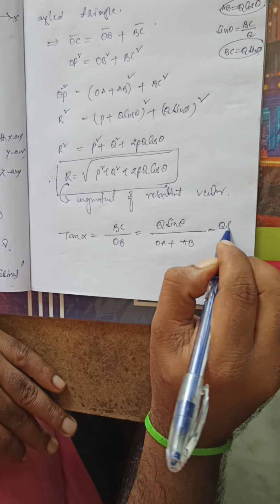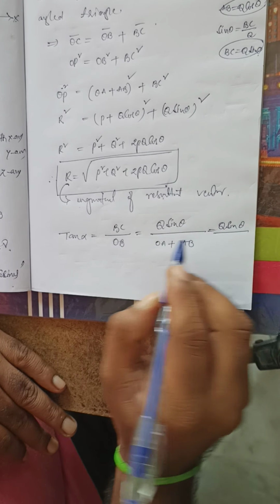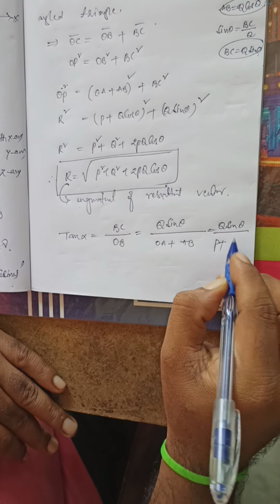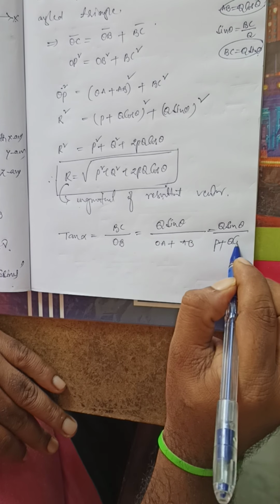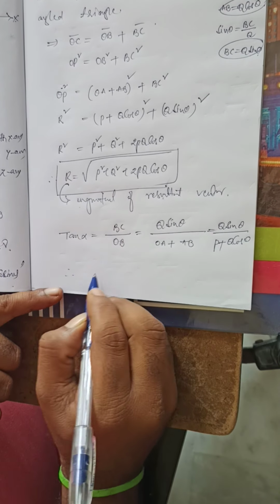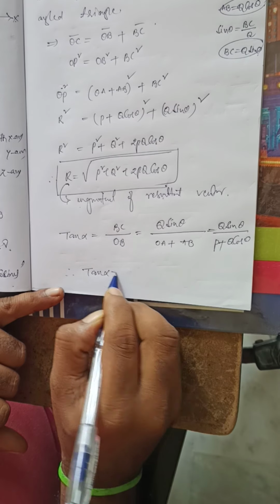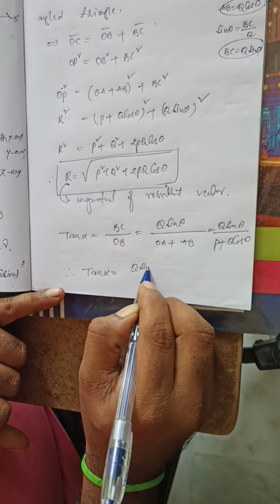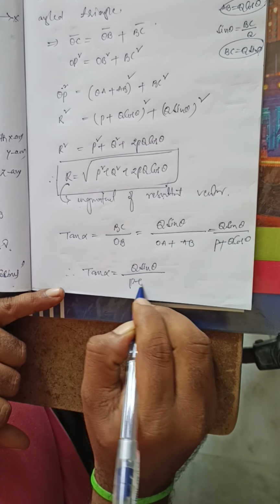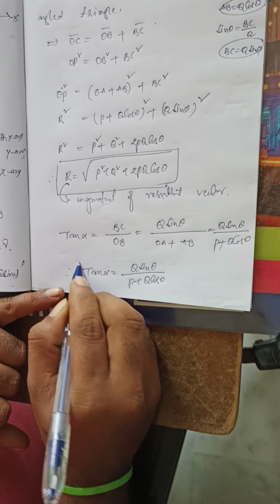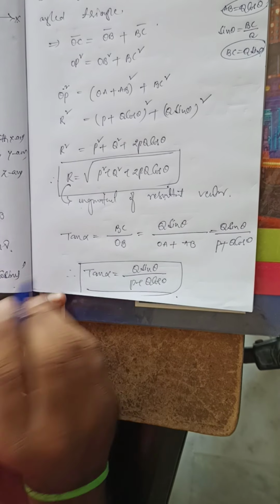OA is P and AB is Q cos theta. So finally tan alpha is equal to Q sin theta by P plus Q cos theta. This is the important relation.